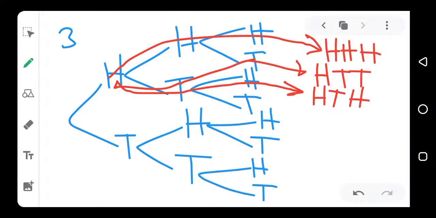Now we join this to this and come through this way, and that will give us head, tail, tail.